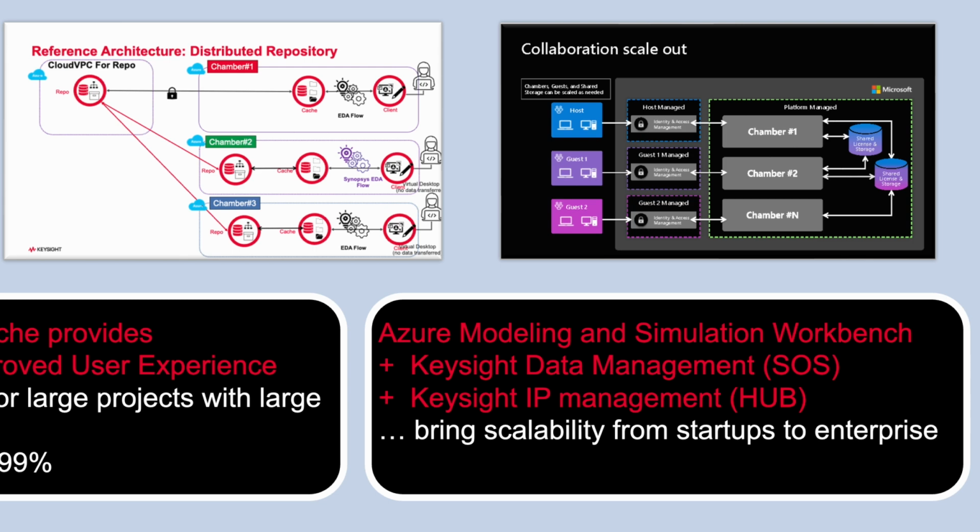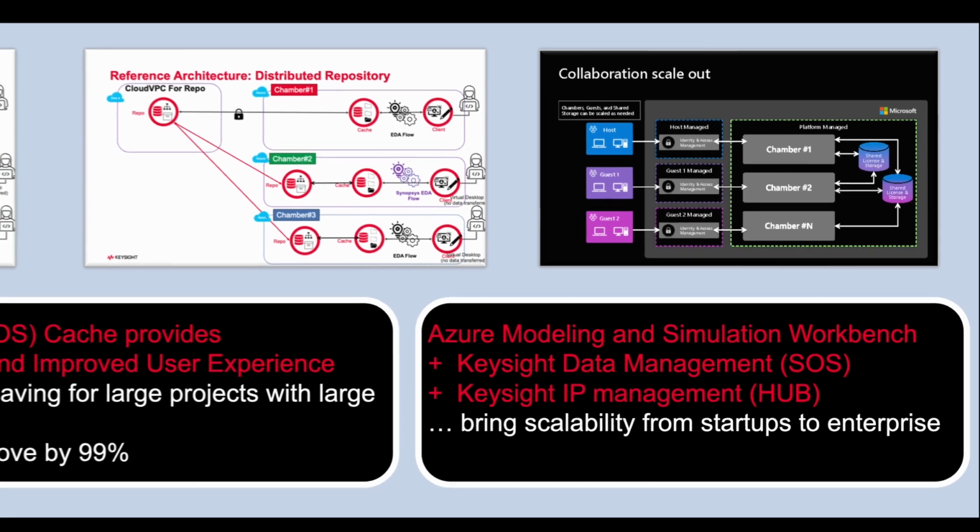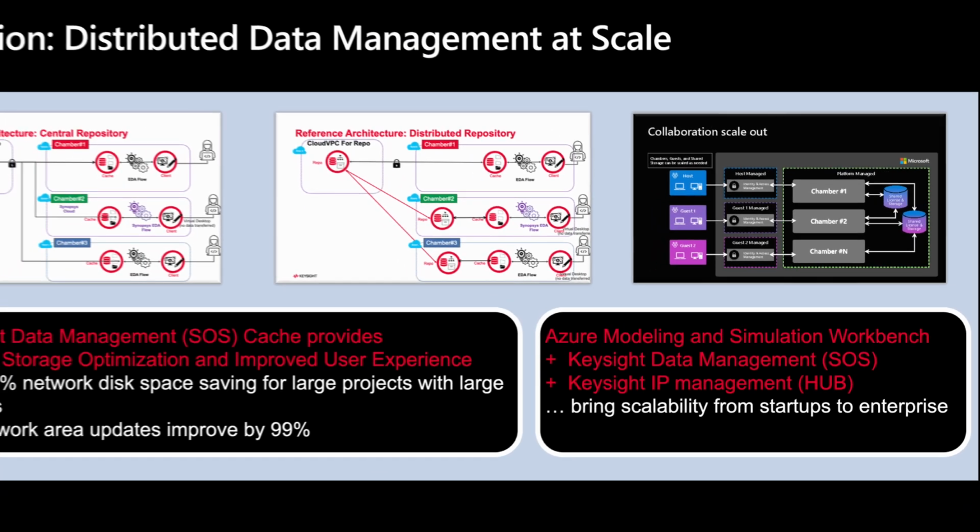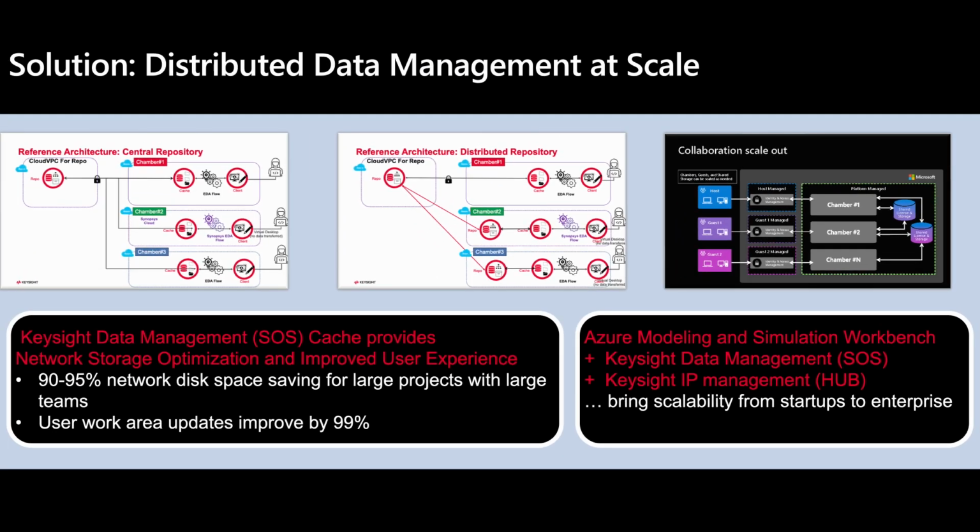So here we've teamed with Keysight to demonstrate how, using this new Azure modeling and simulation workbench, a new platform as a service that launched earlier this year, you can now deploy on demand essentially a data center in a box, or in a chamber, for all your collaborators. Now you have a common infrastructure for each of these teams to which this distributed repository can be deployed.